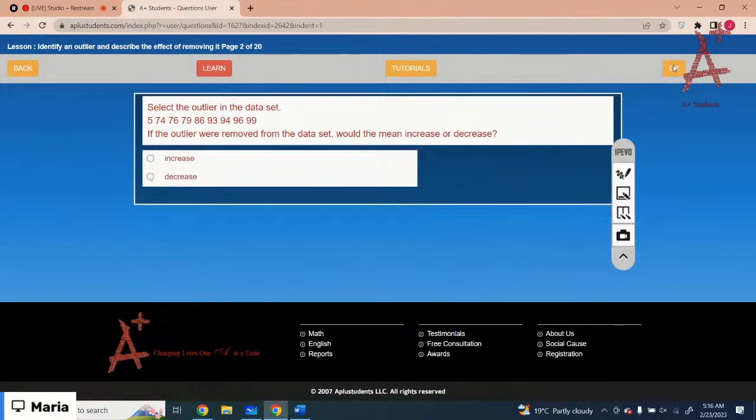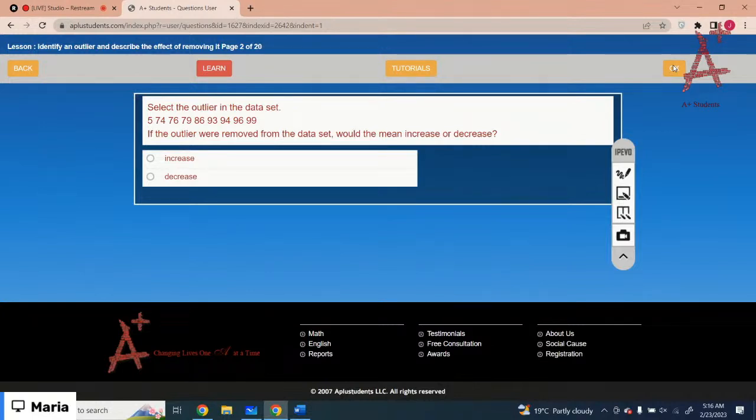Okay, select the outlier in the data set: 5, 74, 76, 79, 86, 76, 93, 94, 96, 99. If the outlier were removed from the data set, would the mean increase or decrease? Which is the outlier first? Identify the outlier in the data set. So which is the outlier? 5 is the outlier. Got it? Because the rest of the numbers are two-digit numbers.